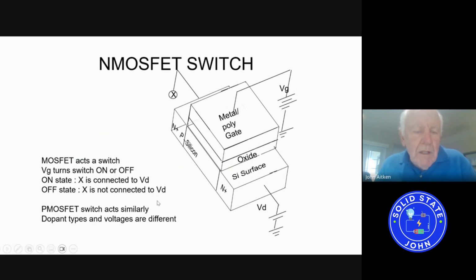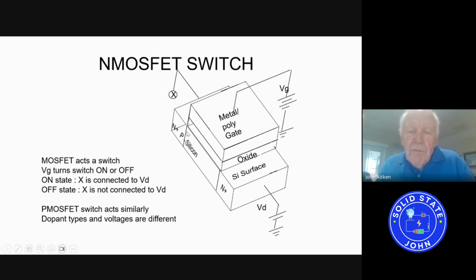In the off state, X is not connected to VD. It just kind of is floating, and the circuit would be inactive in that case. But the PMOS switch acts similarly to the NMOS switch that I've shown here.